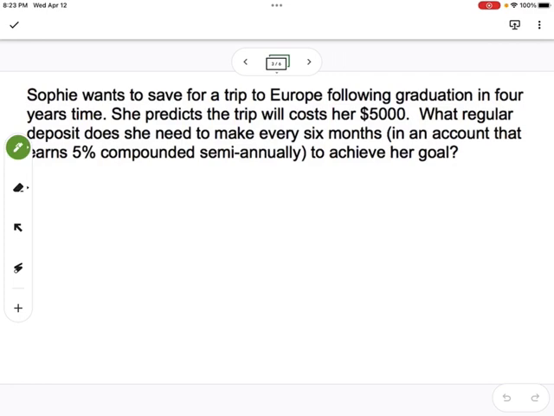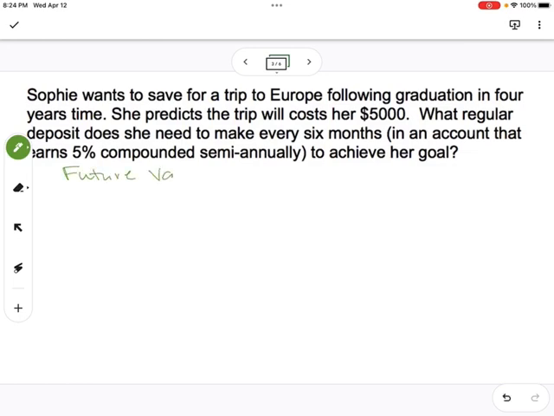Okay, so the first thing we want to determine is whether we're going to be using our present value or future value formula. Sophie's going to start with $0, and she is going to be saving money by putting deposits into her account to have that $5,000 at the end. So that means we want to use our future value formula here.